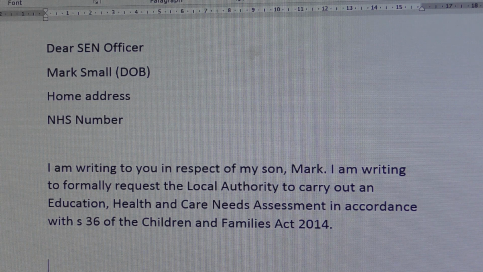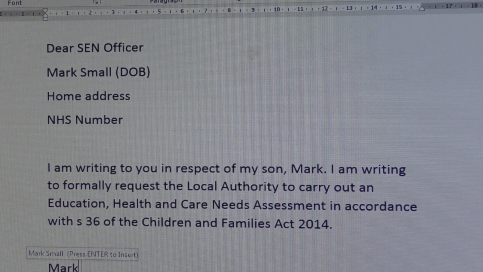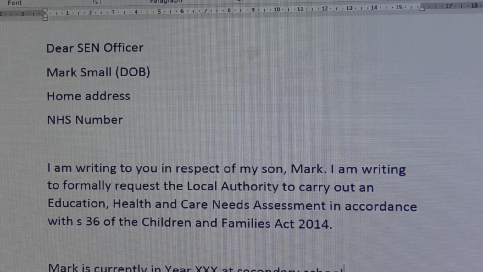What we're then going to do is provide some information that will help the local authority pull information together about your child. So we're going to go to the school first. So Mark is currently in year whatever it may be at secondary school. He could be in a primary school, so you would change it accordingly.